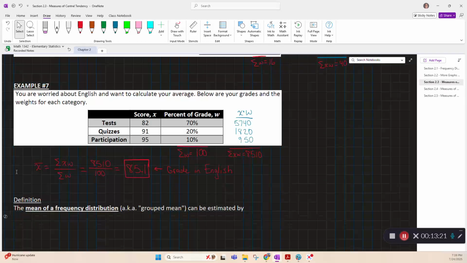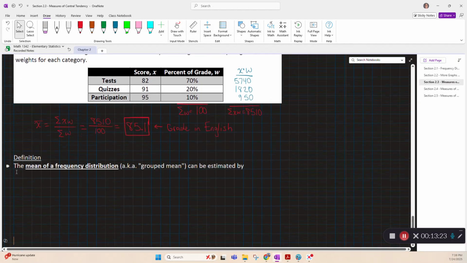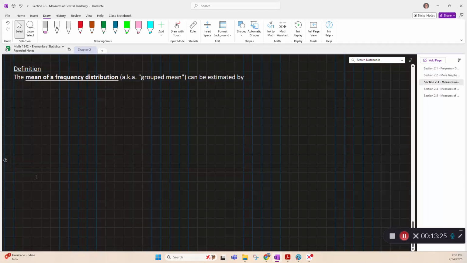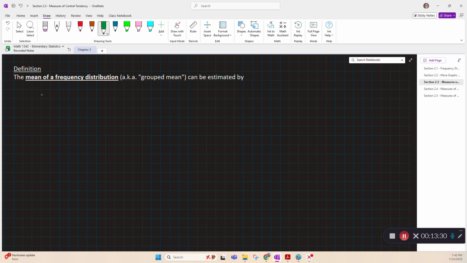Okay, now, there's two situations. One is for a population, the other is for a sample. So if I'm dealing with a sample, remember for a sample we use X bar. X bar is equal to the sum of the X times the frequency divided by your sample size.